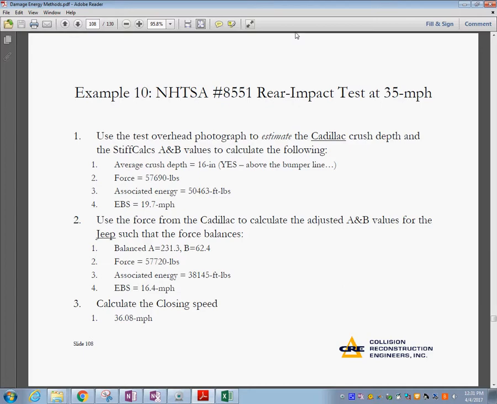With this, using the A and B values, you come up with the associated energy and the equivalent barrier speed of 19 miles per hour. Now we can use the force from the Cadillac to calculate the adjusted A and B values for the Jeep.